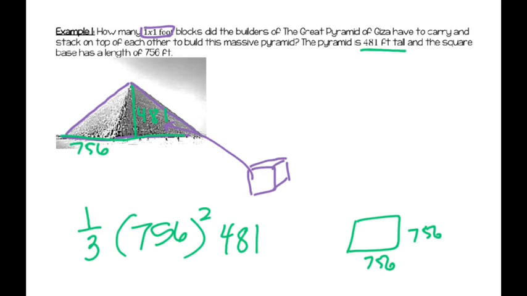So you're going to get your calculator, do that calculation, and you find that it took 91 million, almost 92 million actually, cubic feet. So those cubes that are a foot by a foot by a foot of stone, and you can imagine how heavy that is, and that's how many it took to build that pyramid. So that would be feet cubed.